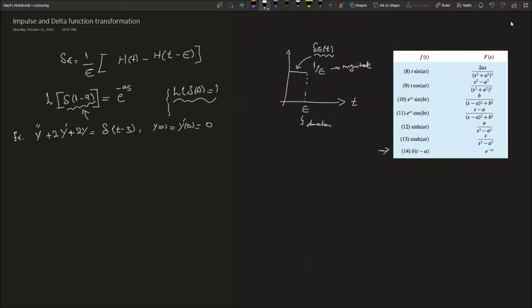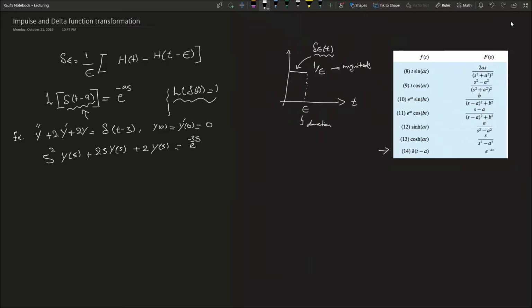Doing the Laplace transformation, as we learned previously, we have for the y double prime s squared multiplied by y of s, plus 2s multiplied by y of s, plus 2 multiplied by y of s, equals the Laplace transformation for delta of t minus 3, which is e to the power of minus a multiplied by s, where a is 3.